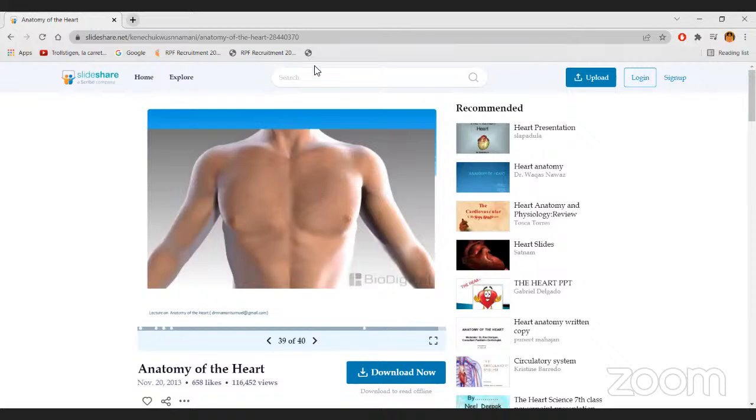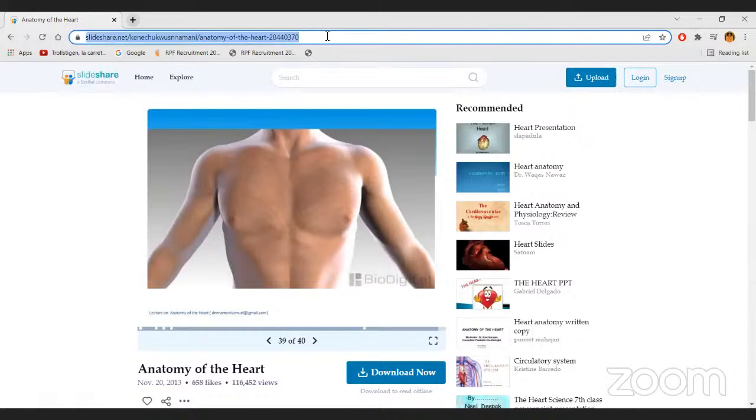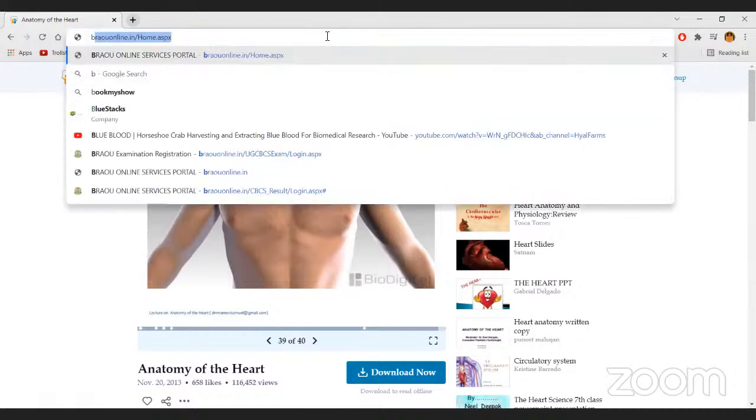The next one is the functioning of the heart: ECG, electrocardiogram, and the regulation of the heart rate by nerve impulses, and blood clotting.